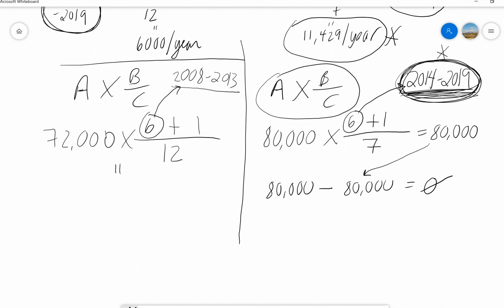So 72,000 times 7 over 12, that's going to be a reduction of 42,000.